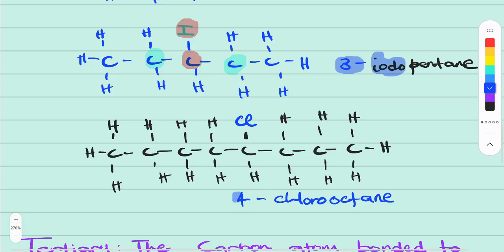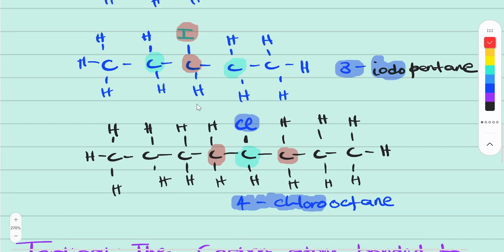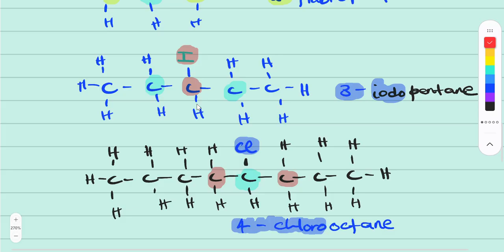It can be on the fourth position. So you see here we have 4-chloro. This is our chloro right here. This chloro is on this carbon, and this carbon is bonded to how many other carbon atoms? It is bonded to two other carbon atoms.